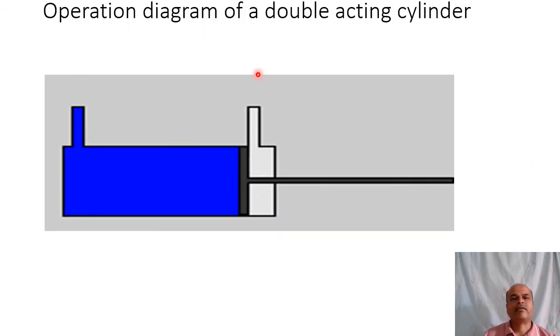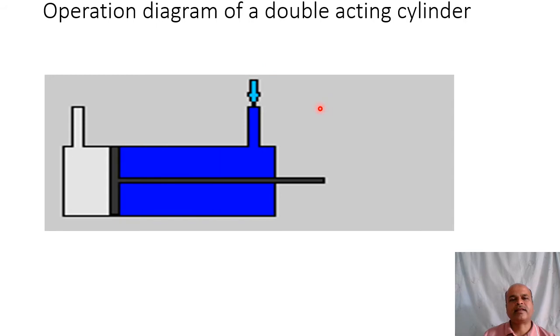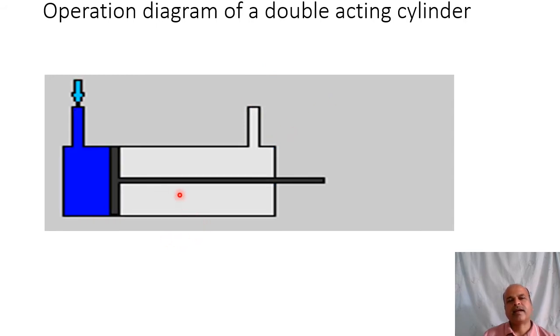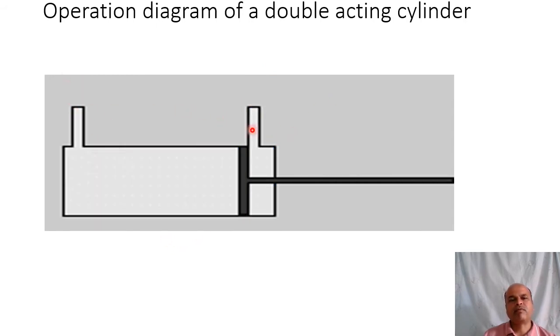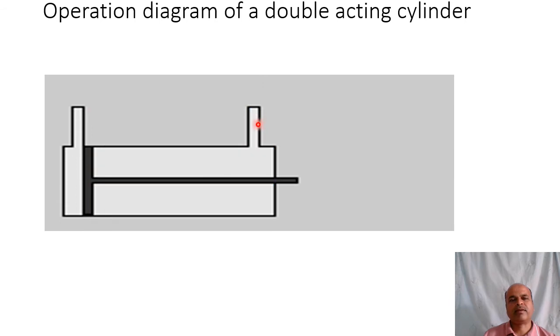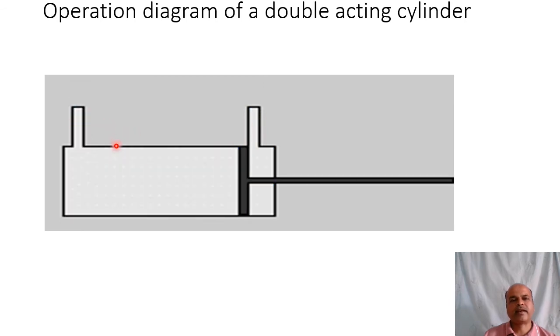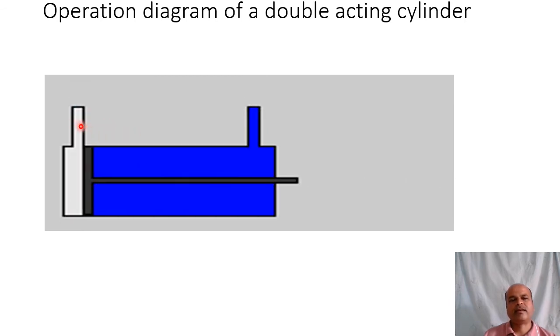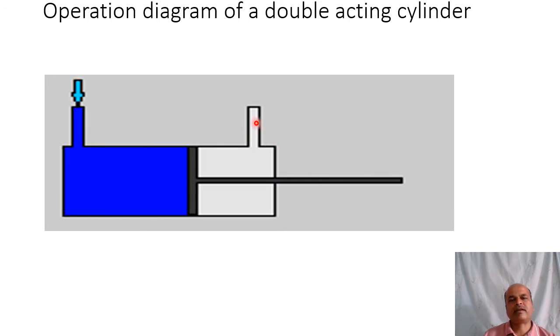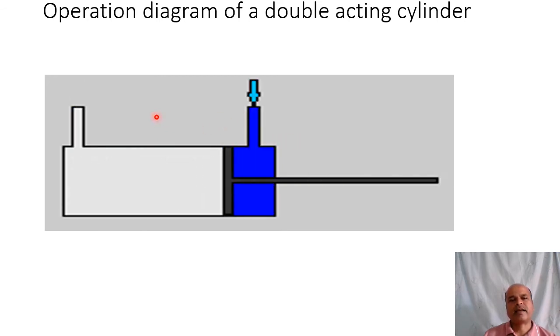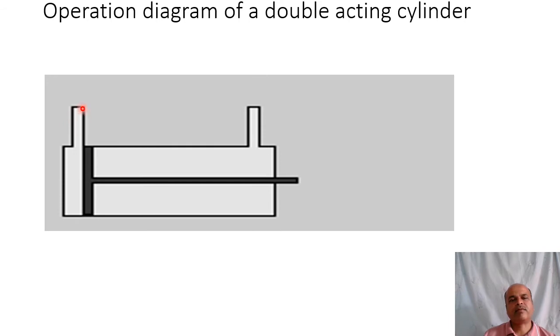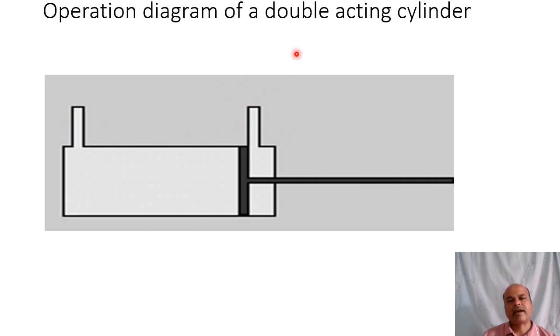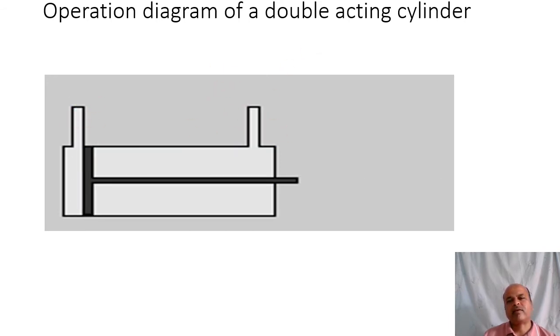The operation diagram of a double acting cylinder is as shown in this diagram. There are two ports on this double acting cylinder, that is an inlet port and an outlet port. In the previous diagram, in the single acting cylinder, only one port is there, but in the double acting cylinder there are inlet and outlet ports.